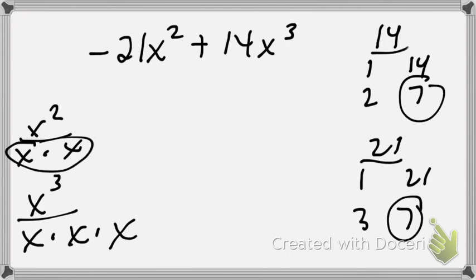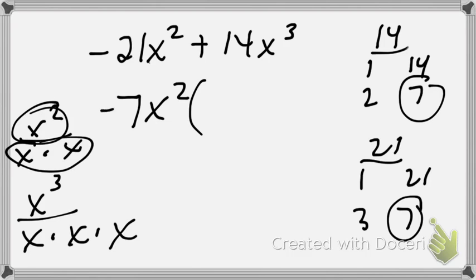So x squared is what we can also factor out. That's common to both of the variable terms. As a rule of thumb, remember, you just look at which of the variables has the smallest exponent, and that's what you're going to be pulling out. So we're going to pull out a 7x squared. Now, we look at our leading coefficient here.